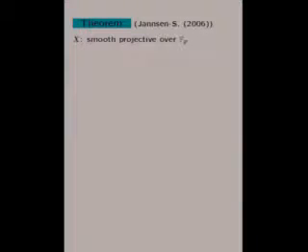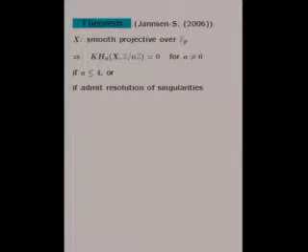Then in 2006, a general method to approach the Kato conjecture for all degrees was proposed. In the theorem, X is now smooth projective over a finite field, and this Kato homology vanishes as desired, either up to degree 4, or if you admit resolution of singularities.